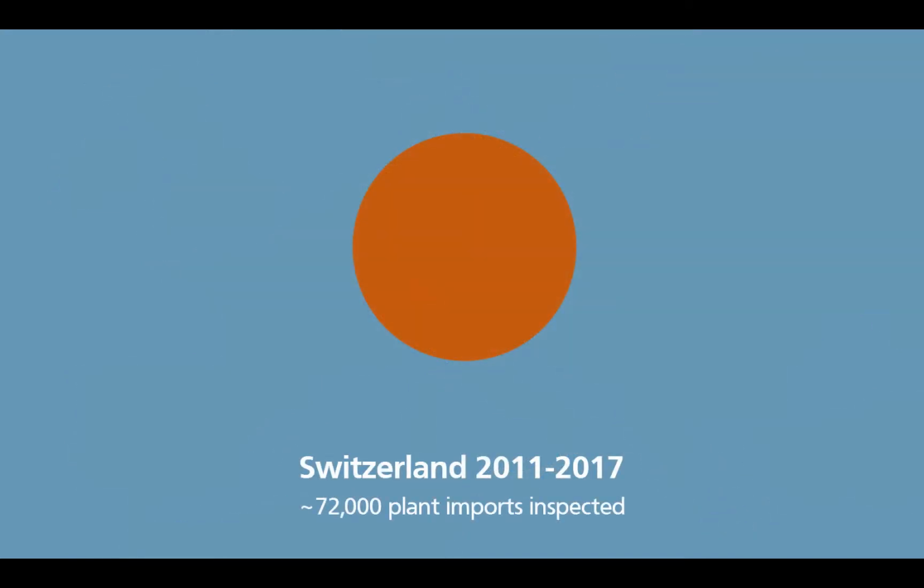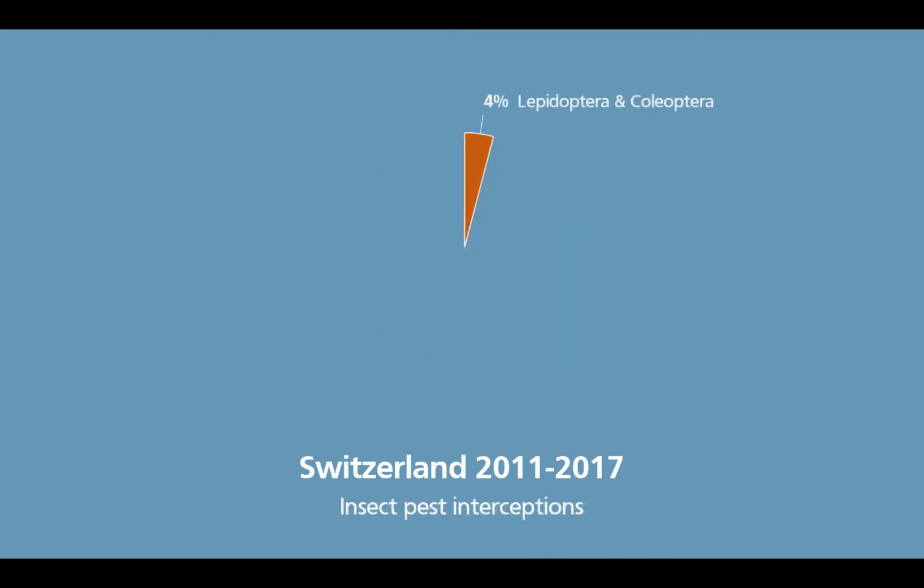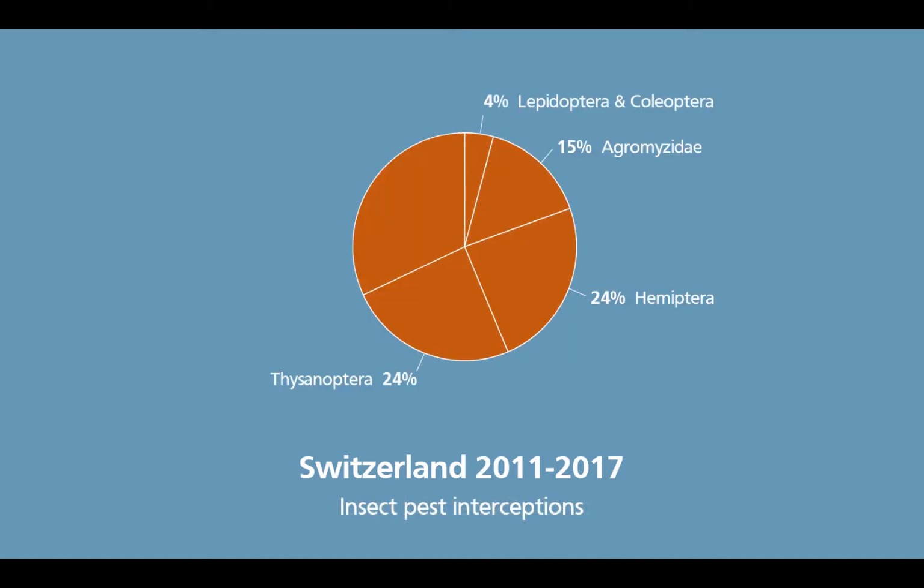While inspecting approximately 72,000 Swiss plant imports between 2011 and 2017, a total of 435 shipments were found to be infested with harmful insect pests. Thereby, fruit flies of the family Tephritidae were the most commonly intercepted taxonomic unit, accounting for 32% of the total interceptions.